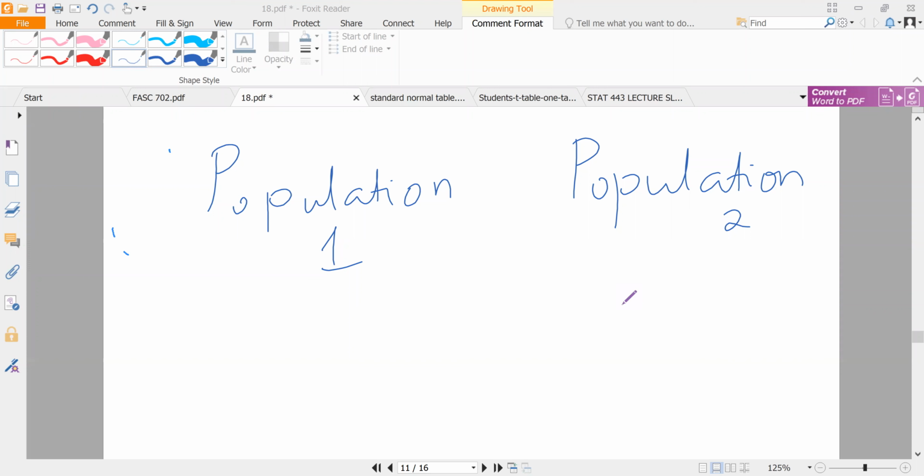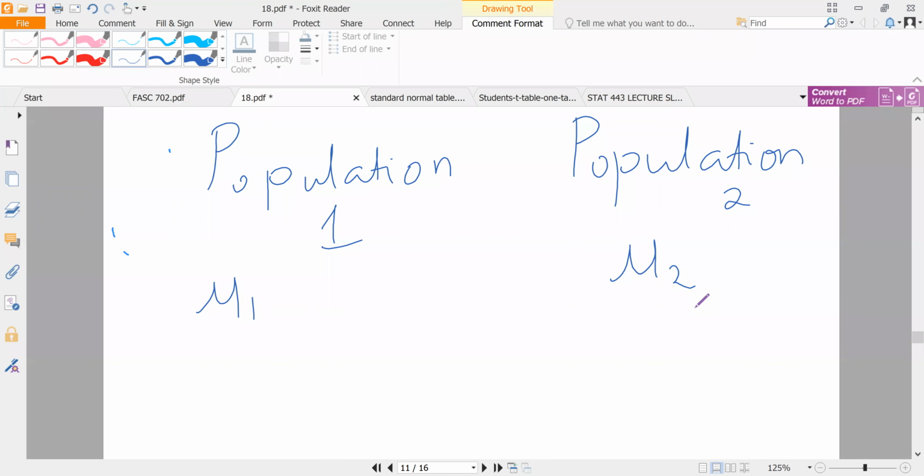In this case, I'll be talking more about the simplest population parameter, which is the population mean. So suppose that population 1 has a population mean mu1 and population 2 has a population mean mu2. For both populations, you draw a sample and estimate the sample mean: X bar 1 the sample mean of the first population and X bar 2 the sample mean of the second population.